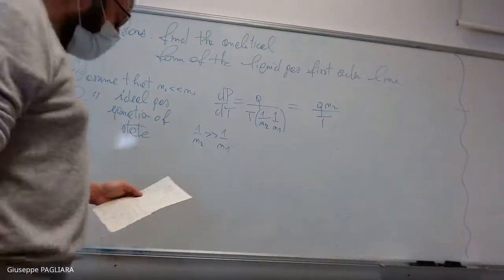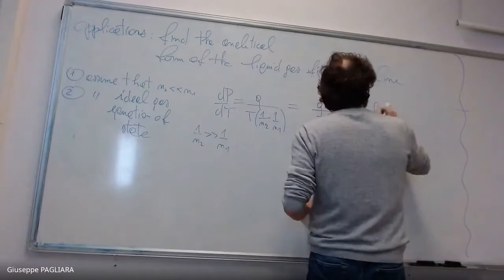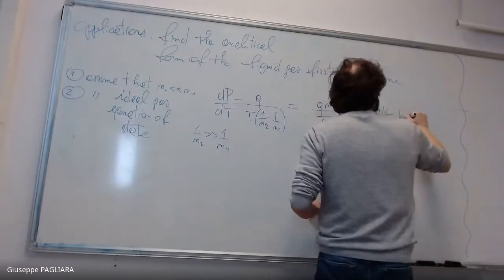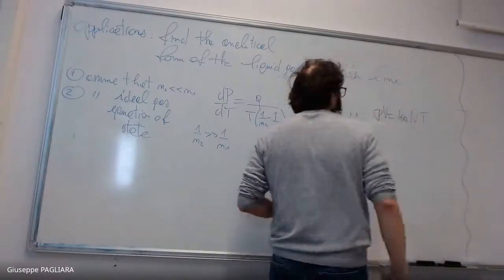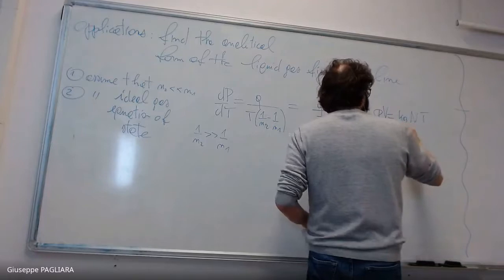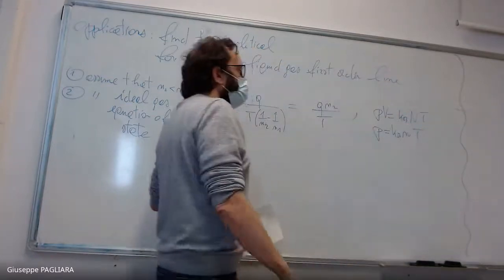And we also use the fact that PV is equal to N kB T in general, therefore the pressure is equal to N kB T divided by the volume.